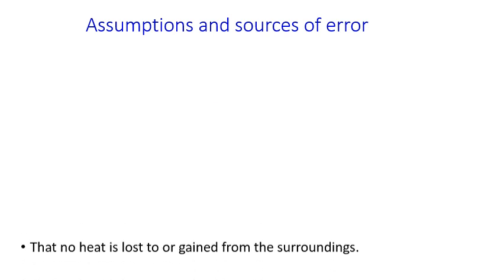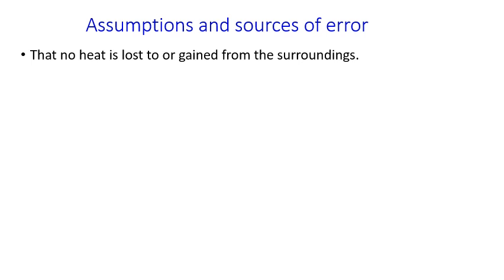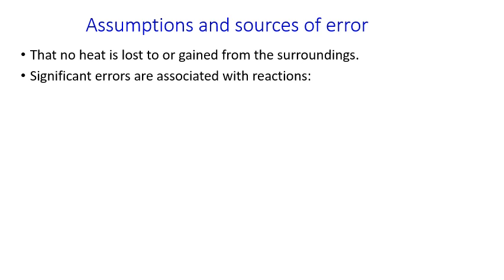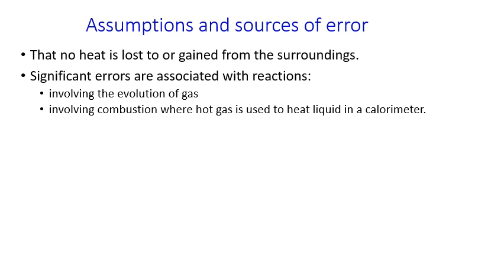So of course, there are lots of assumptions and errors associated with calorimetry. Again, there's no heat lost or gained from the surroundings. That's the reason why we have this insulation of the styrofoam and insulated bomb calorimeters. There are significant errors, though. Essentially, the evolution of gas will probably cause a lower value for the change in temperature.